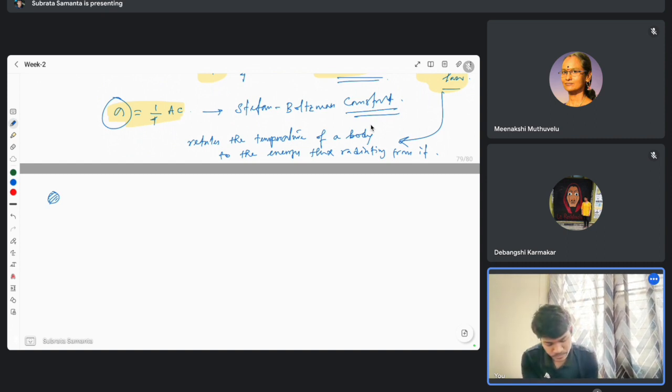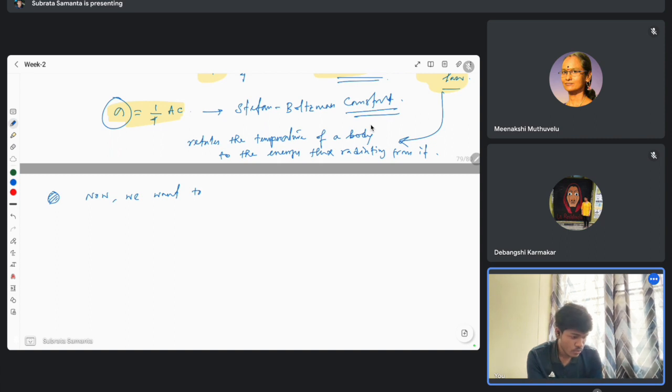So now we want to specify in which frequency range this energy is stored.